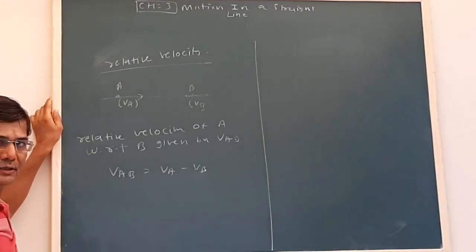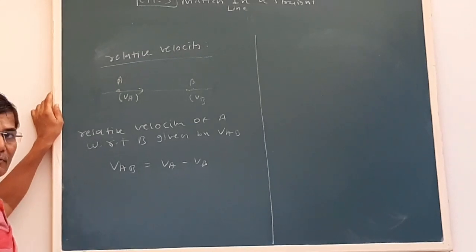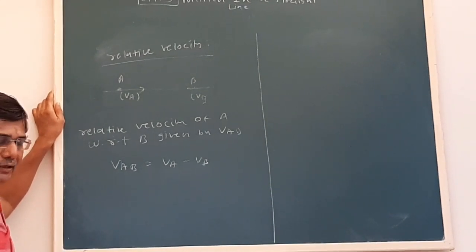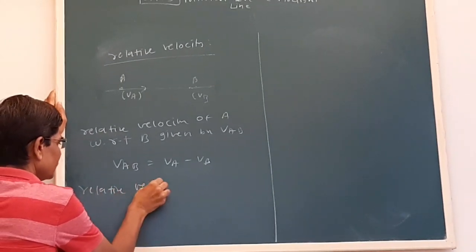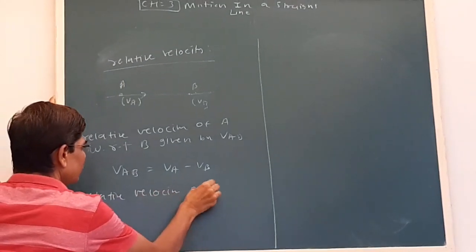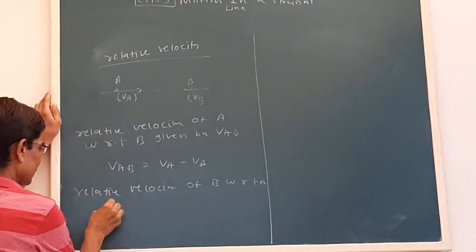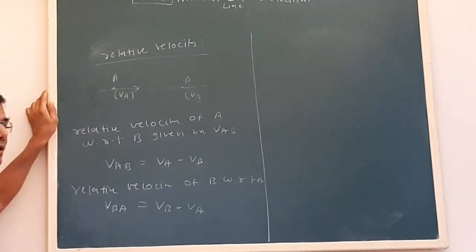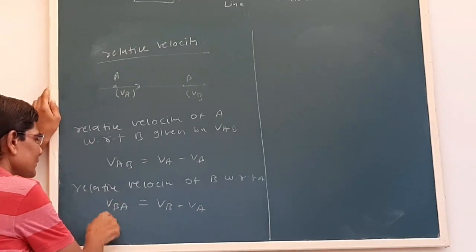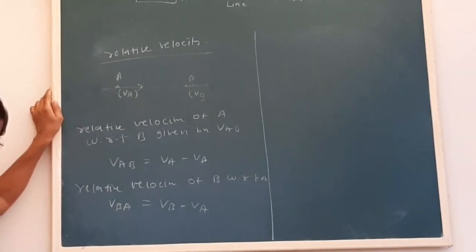Right now we talk only about the scalar part. More regarding the vector part of this we study in the fourth lesson in detail. Similarly, the relative velocity of B with respect to A, that is VBA, is given by VB minus VA. We will see that for a given condition both values will be equal in magnitude, but their signs will be opposite.